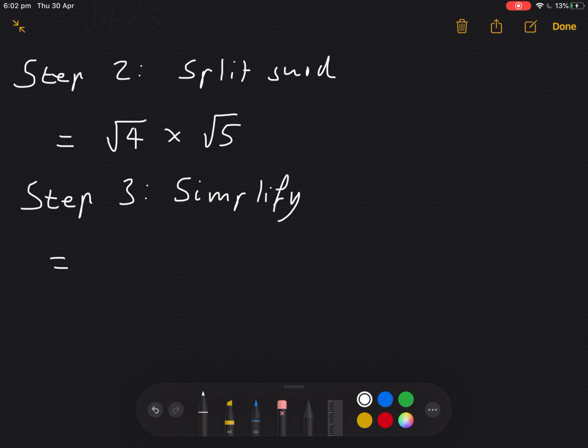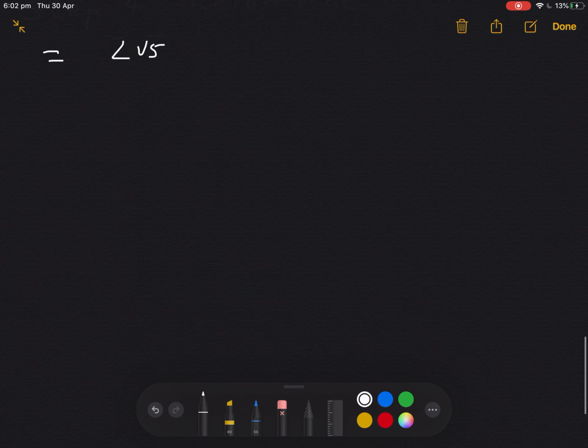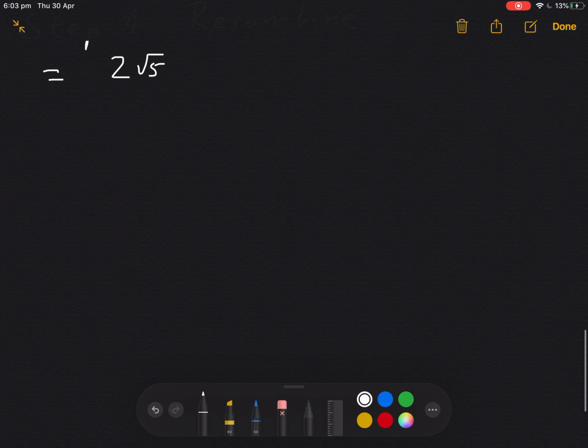So root 4 we can simplify to 2. Step 4, recombine. So 2 times root 5 becomes 2 root 5. Just like 2 times x becomes 2x. Easy peasy. All right. Let's see if we can do some other examples.